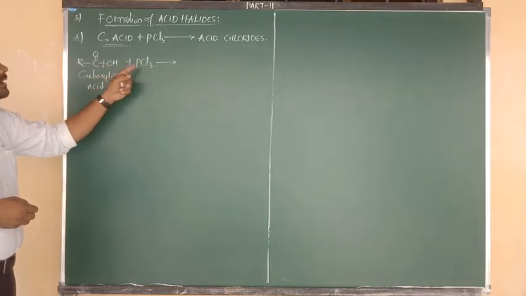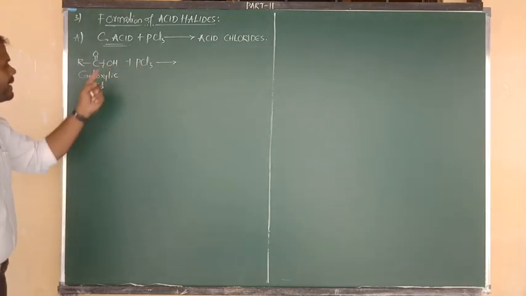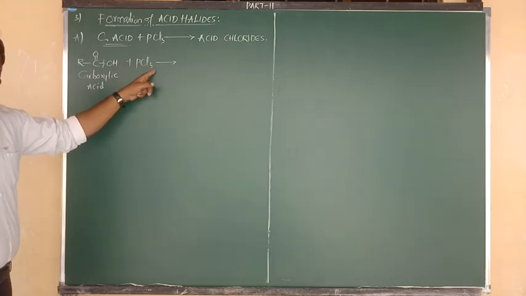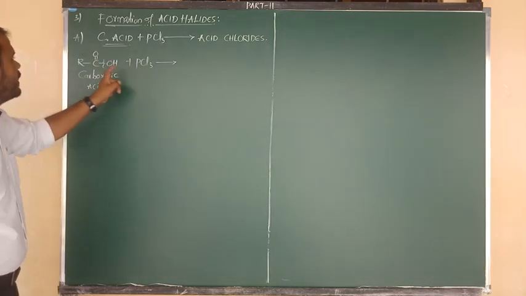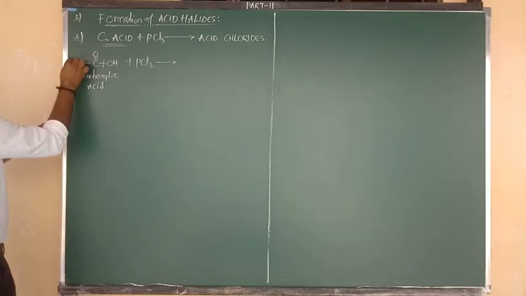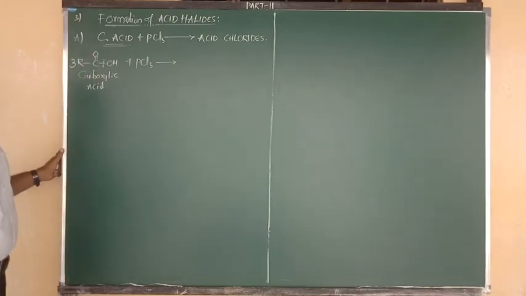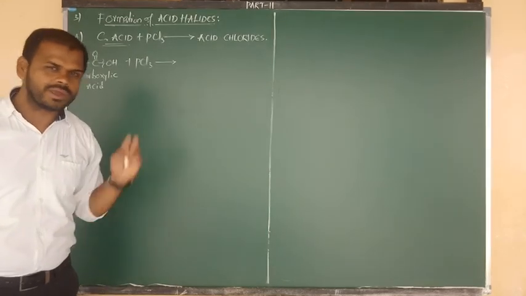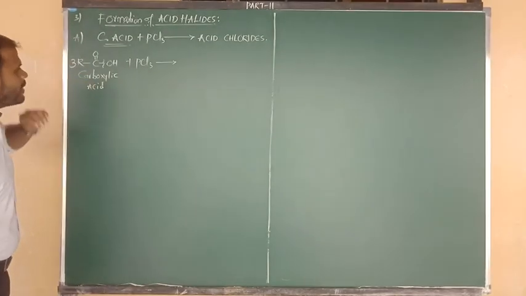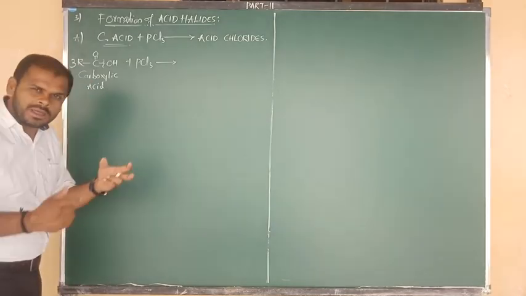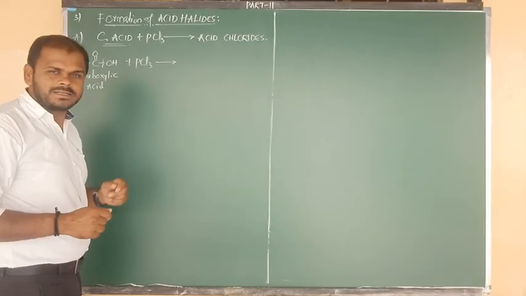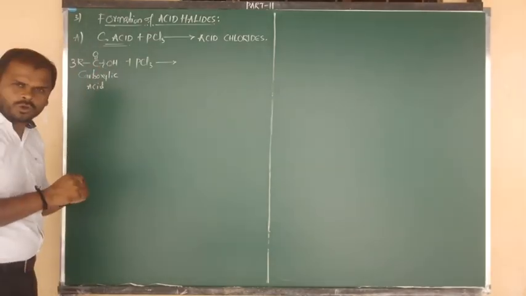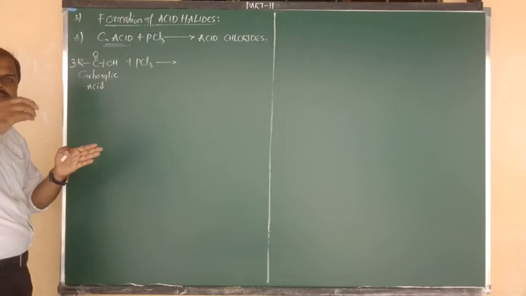The OH position can be replaced by Cl. But here there is only one OH group, and there are three Cl. For the replacement of three Cl, you require three moles of OH. That means in this reaction, as per balancing, we require three moles of carboxylic acids. Three moles of carboxylic acids react with PCl3, and all three OH groups are replaced by the three Cl atoms.